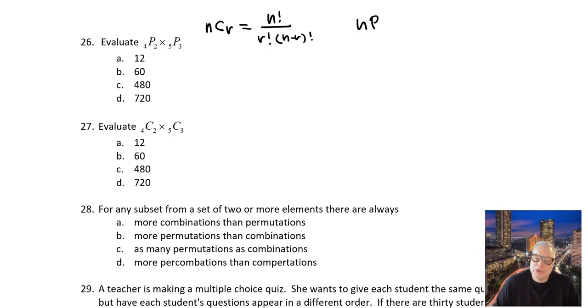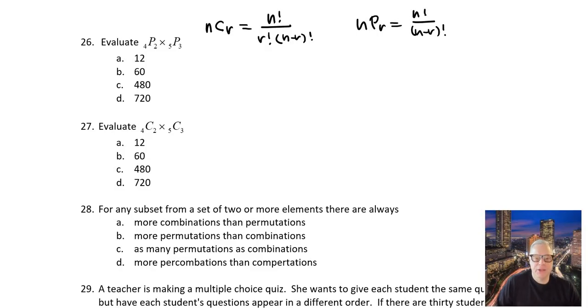And for permutation we write basically the same without the R factorial: N factorial over N minus R factorial.